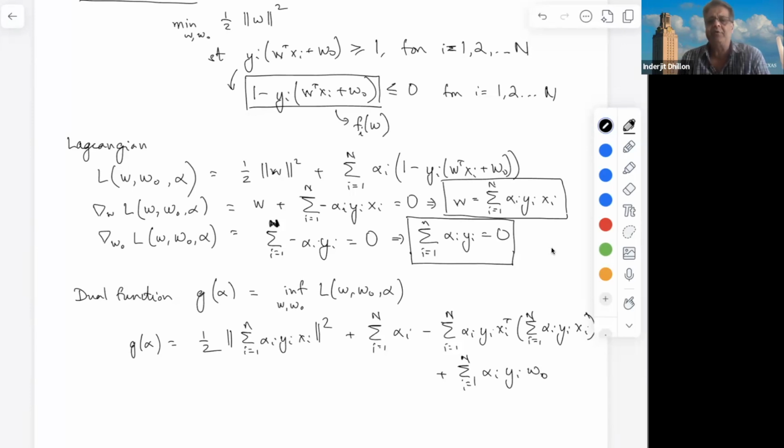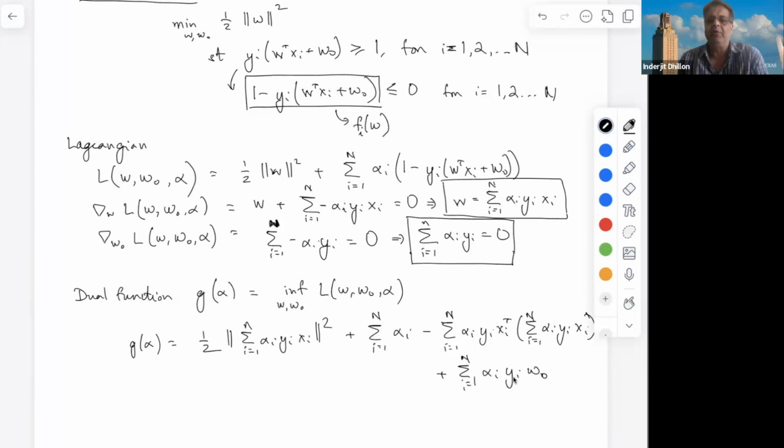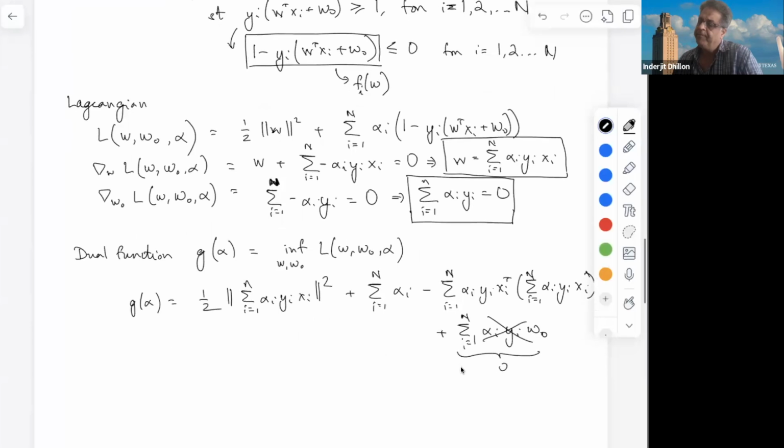Or maybe we can look at this term, right? What is this value? 0. 0, because W naught is some one particular value, doesn't depend upon I. Okay, so this term is 0, and that follows from here.